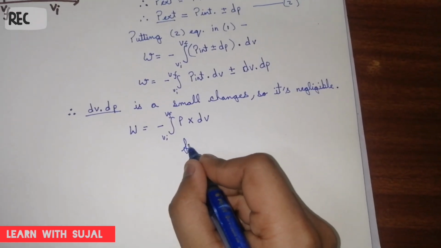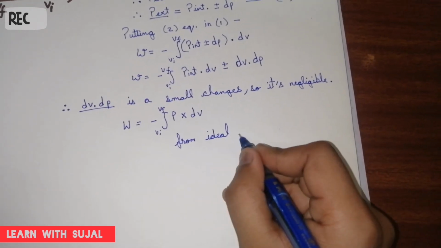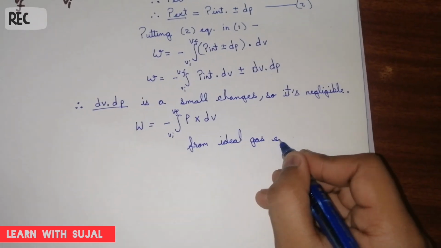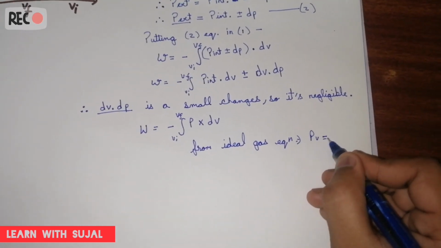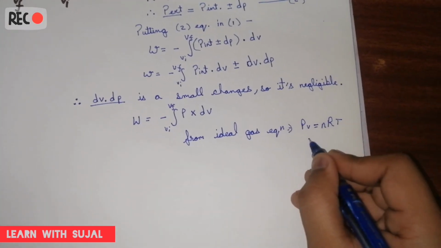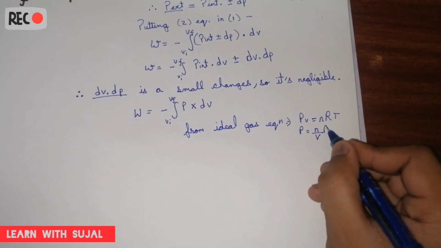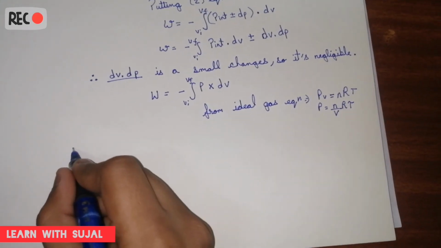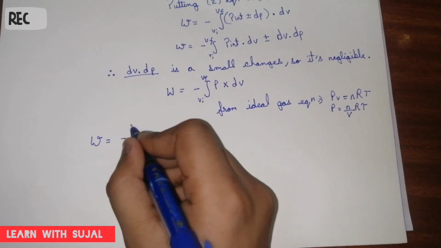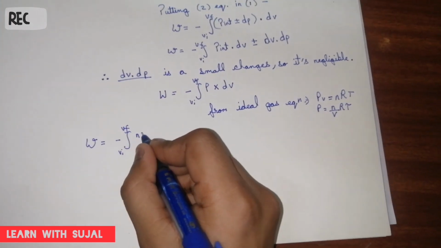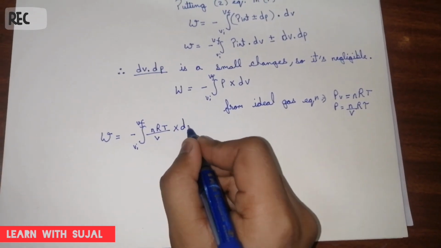From the ideal gas equation we have PV is equal to nRT. So P is equal to n by V RT. Putting the pressure value, integral Vi to Vf of nRT upon V into dV.